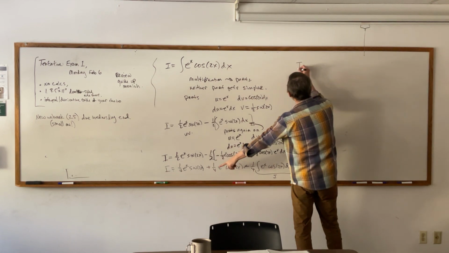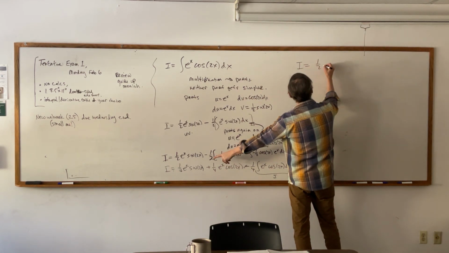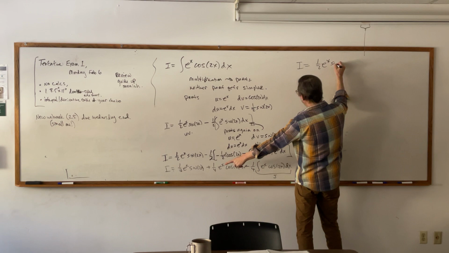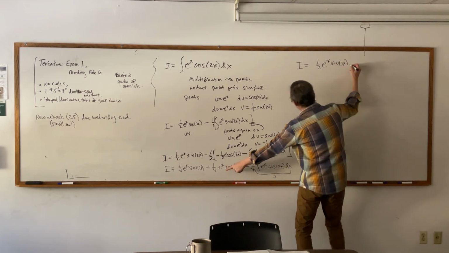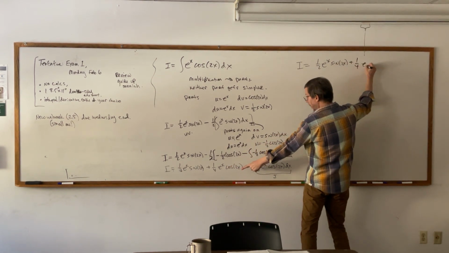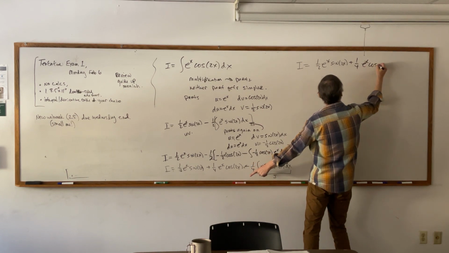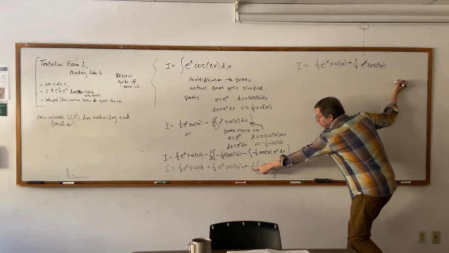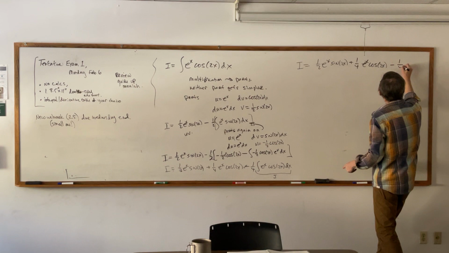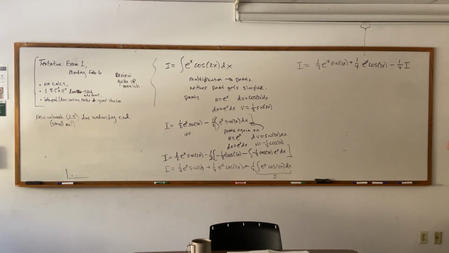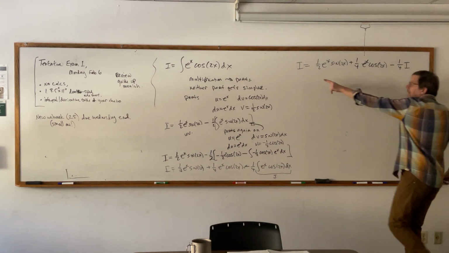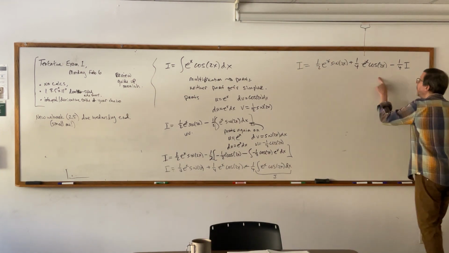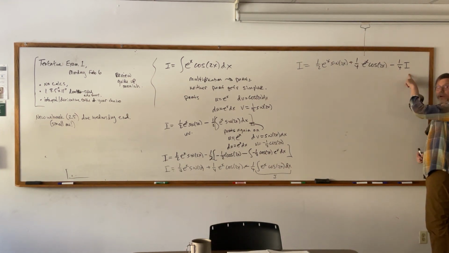So I, the original integral, is 1/2 e to the x sine of 2x plus 1/4 e to the x cos 2x minus 1/4 I. So we've got the original integral expressed in terms of some other stuff and then a multiple of the original.